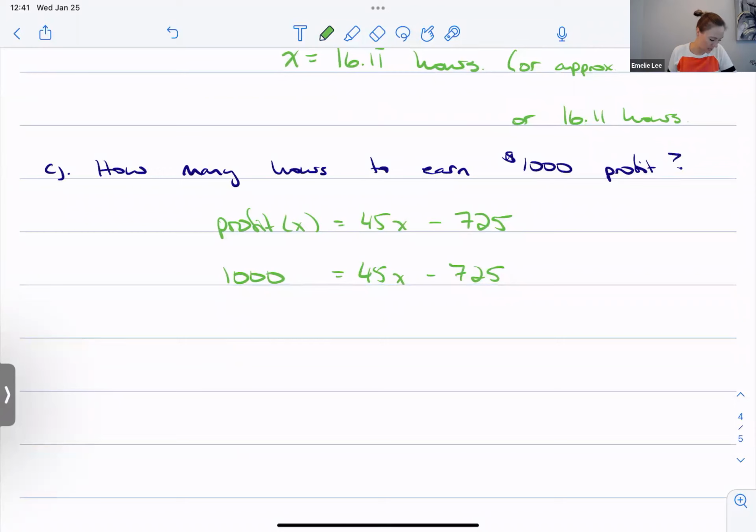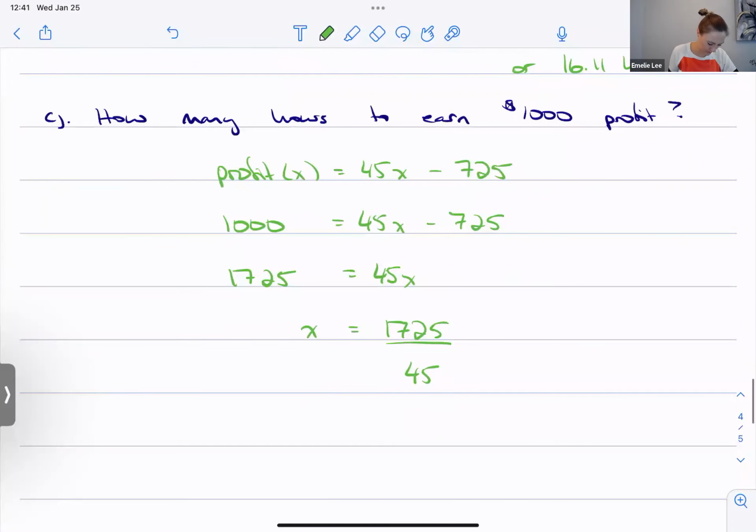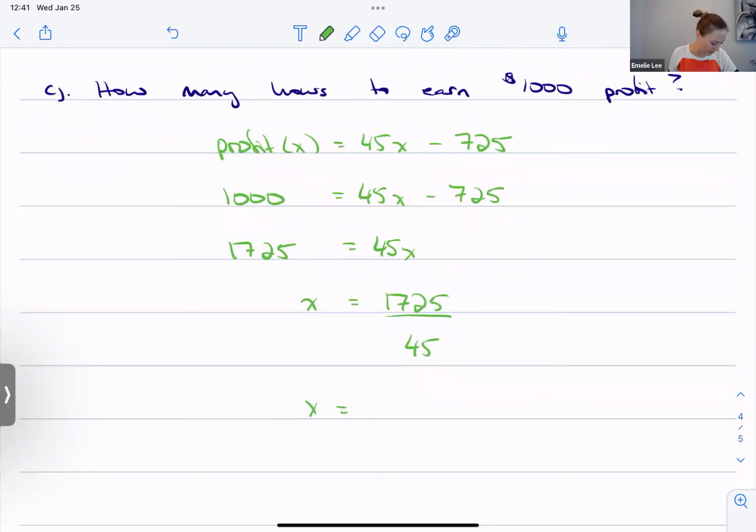And so I get 1725 is 45X. Now I do that same revolving door maneuver here where X is 1725 divided by 45. So again, we get a nasty repeating number, but that's okay. 38.33 repeating hours.